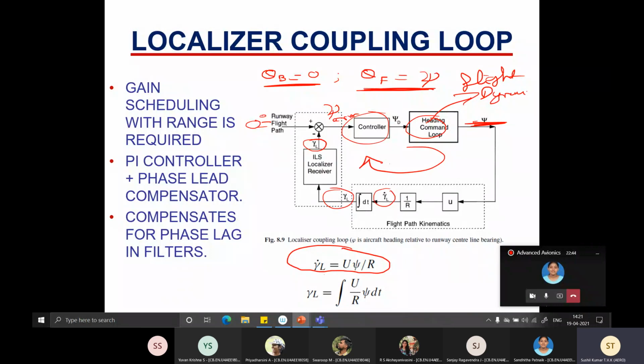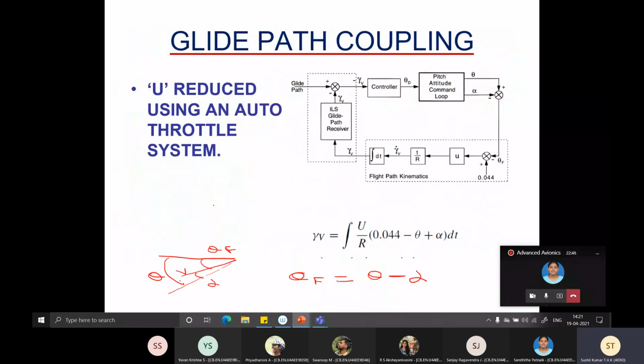In case of glide path, theta b is not zero. It's going to have some angle, 2.5 degrees, which we are talking about in terms of radians. Here, if you look at the velocity vector, V is pointing downwards, and this is the horizontal.